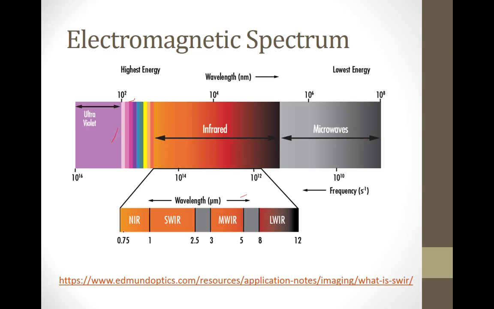Well, you're seeing some of that here because they're not starting the infrared until 0.75 microns, which is slightly different than where we ended it before. For reference, 0.75 micrometers is equivalent to 750 nanometers. Okay.